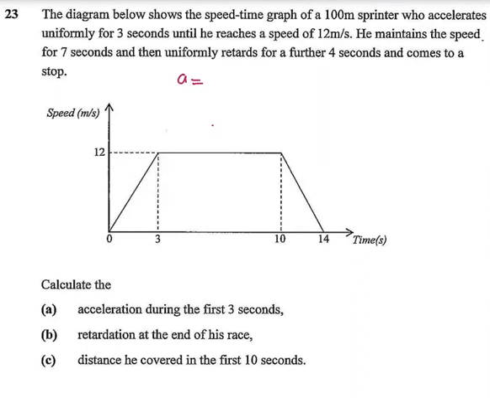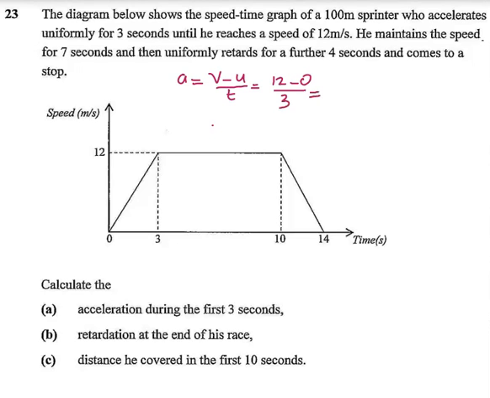Acceleration is equal to final velocity minus initial velocity over time, isn't it? So final velocity here is 12, minus the starting point, which is 0, over the time that was taken, which is 3.